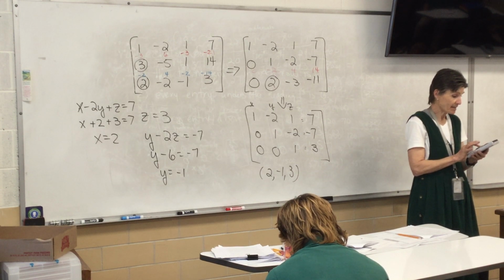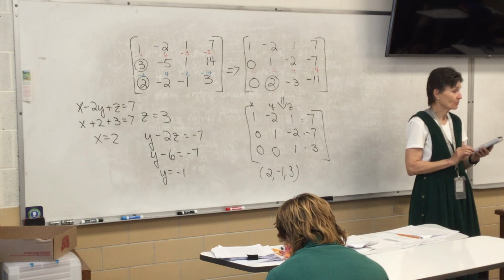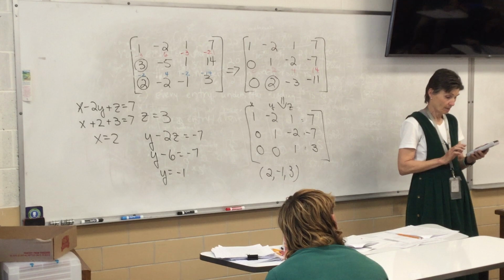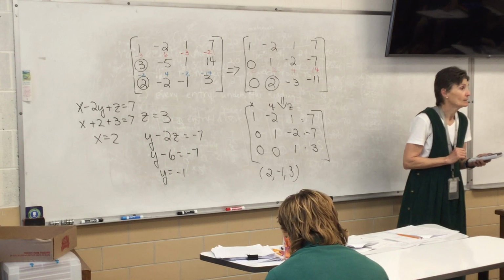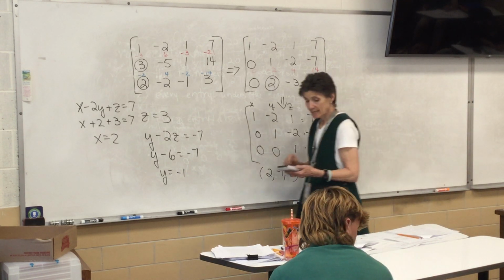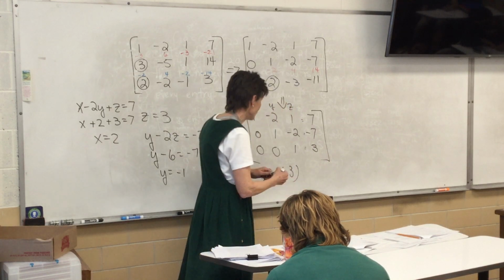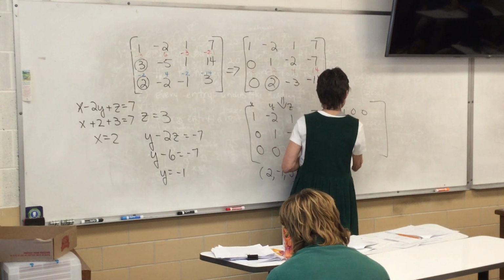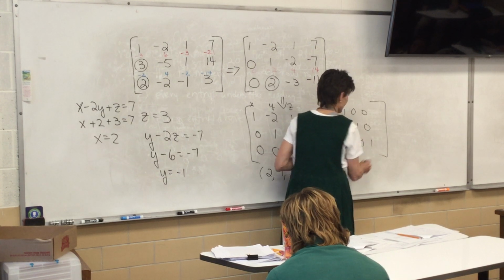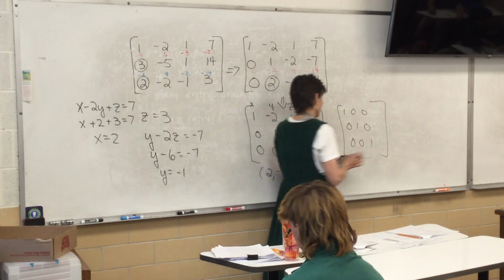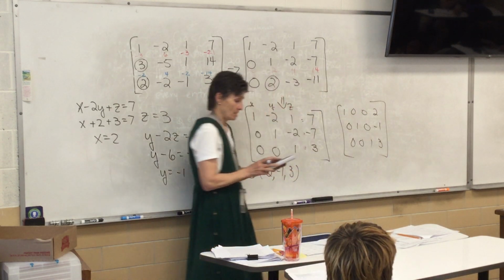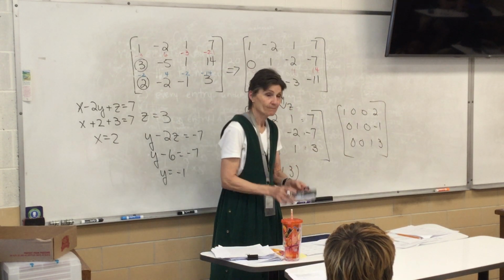Then second matrix, enter, that's A. So now your screen says RREF A. Press enter again. And the matrix that came up is in reduced row echelon form, but doesn't it give us exactly the same answers that we got? It says x is 2, y is -1, and z is 3.